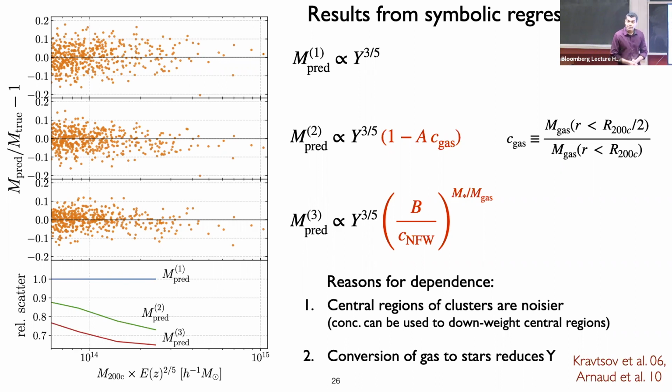The second one didn't have CNFW, because CNFW is not directly an observable. So we try to do one with only the observable things and one with the full thing. Both are important because we also want to understand the theoretical nature of the scatter. Even this relation is important to give you physical insights into what might be happening.